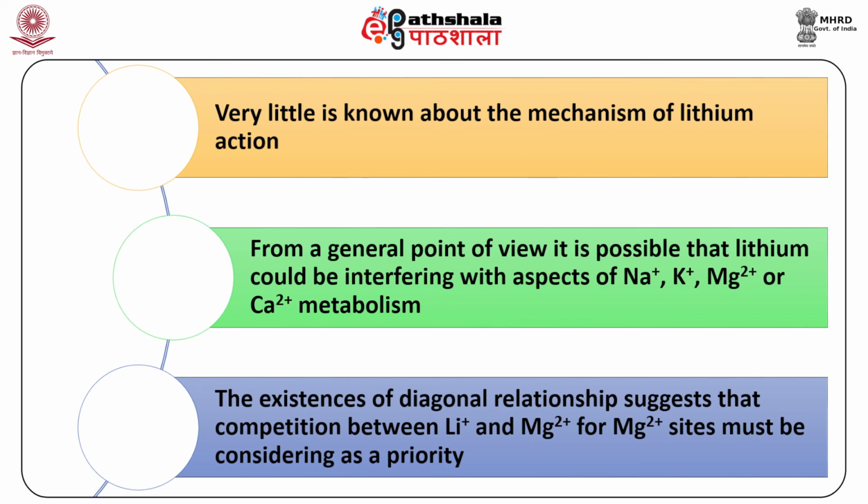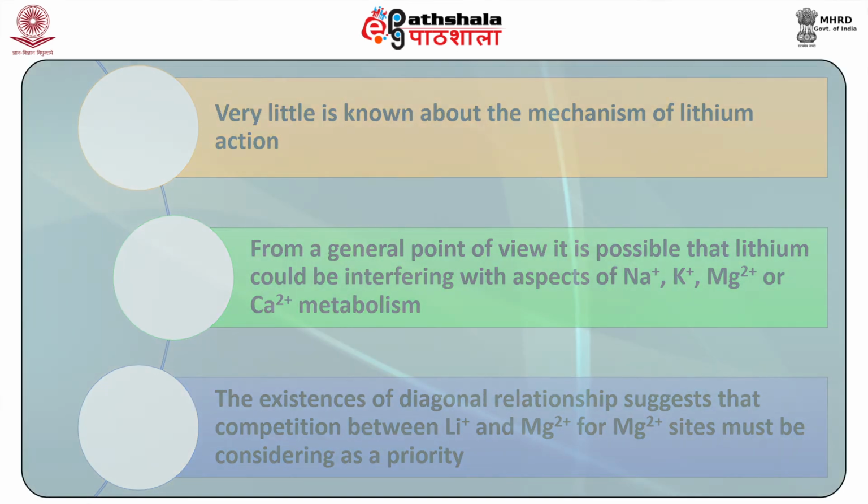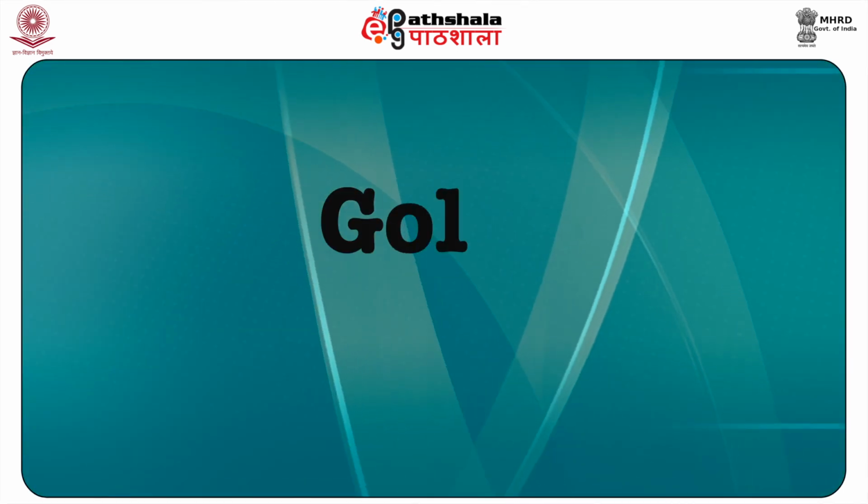From a general point of view, it is possible that lithium could be interfering with aspects of sodium, potassium, magnesium, and calcium metabolism. The existence of a diagonal relationship suggests that competition between lithium and magnesium for magnesium ion sites must be considered a priority.